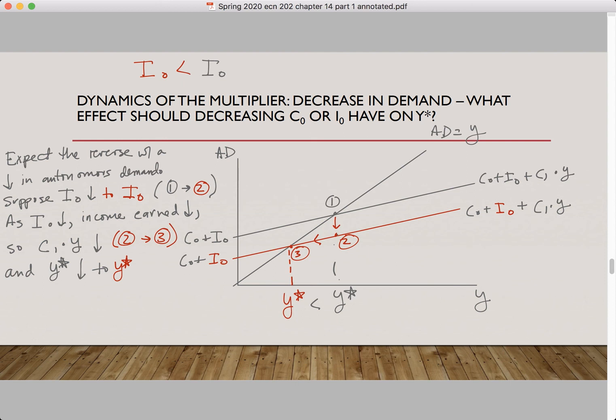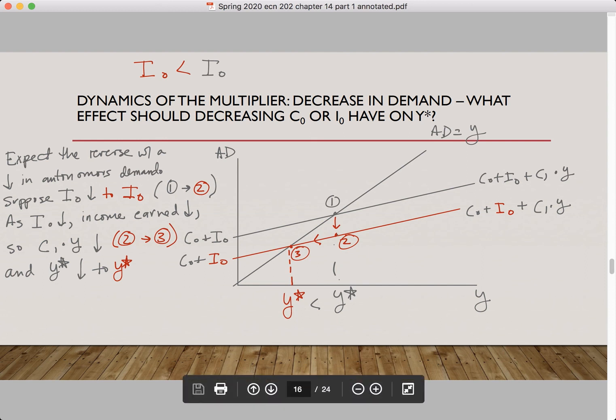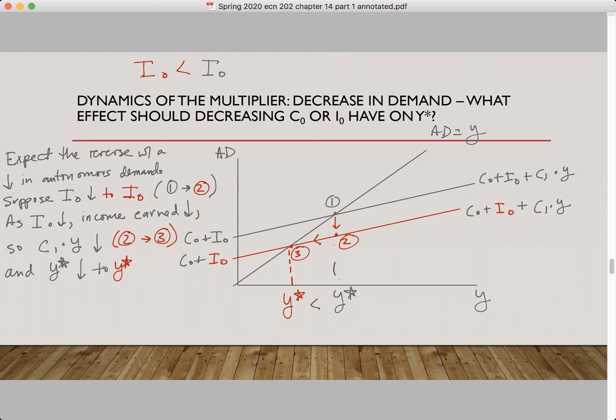So the movement from 2 to 3 is due to the change in spending leading to a decrease in earnings. And as earnings fall, consumption-induced expenditure falls too. So eventually we're going to arrive at a new equilibrium point 3 where our new aggregate demand line intersects our 45-degree line.